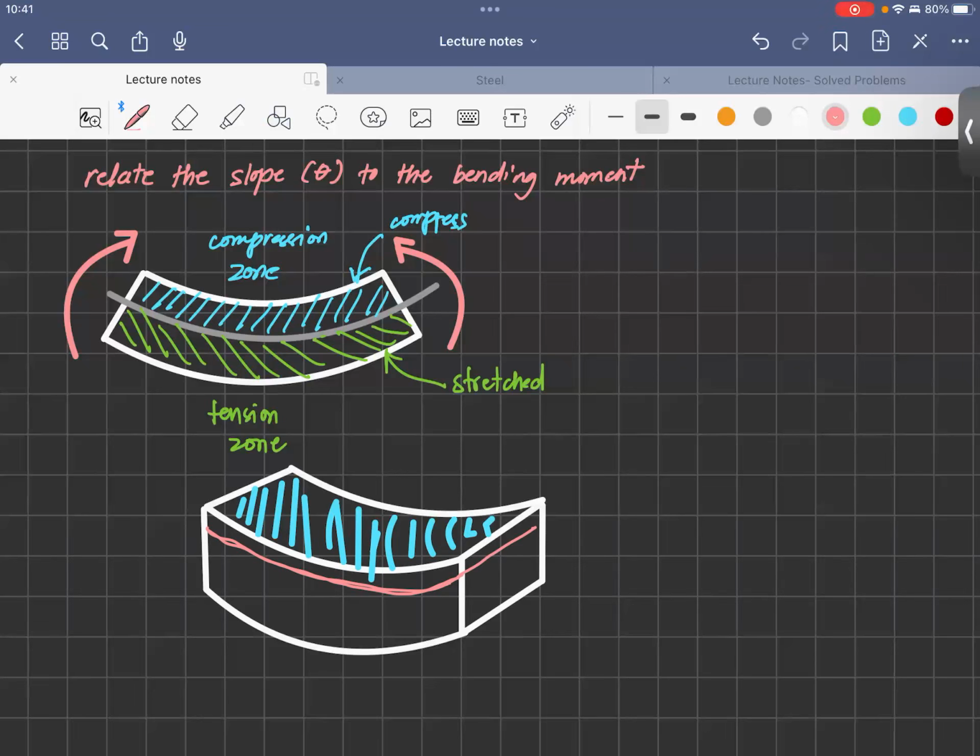What's happening is the stretching and compressing varies from layer to layer.